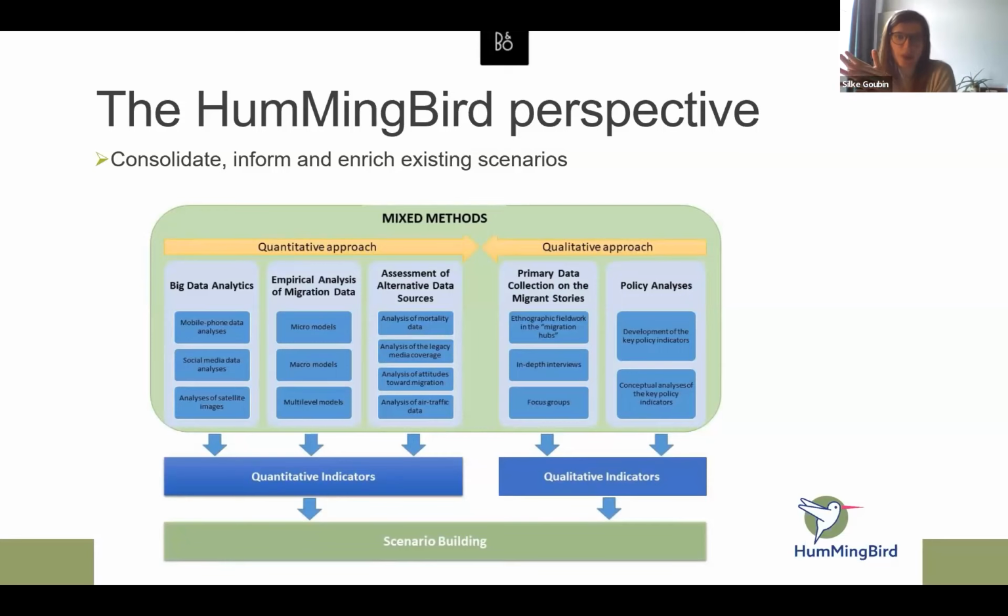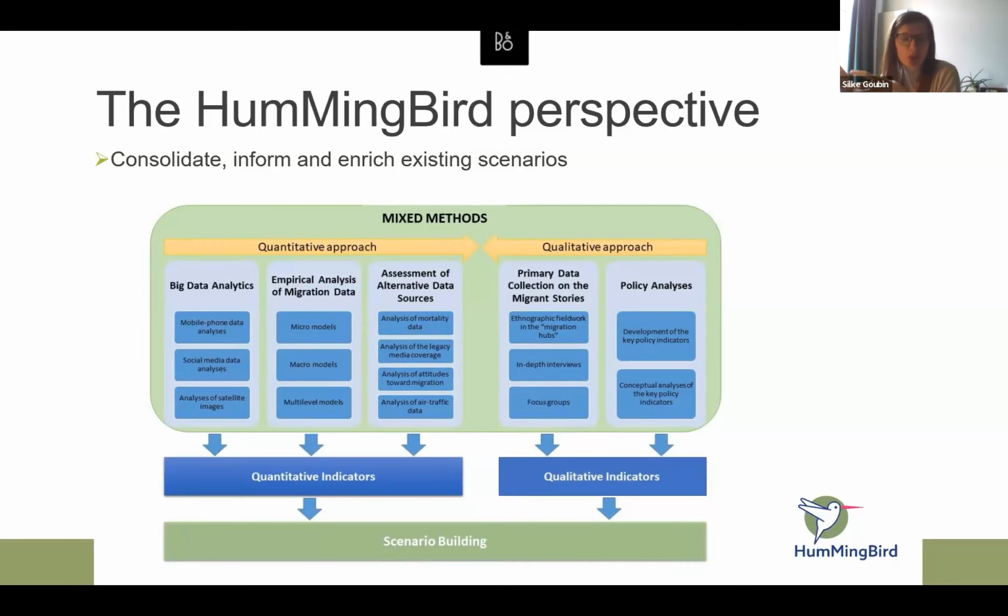And further, we want to develop quantitative and qualitative indicators and integrate those into scenario planning and into the actual scenarios to ensure that scenarios don't just remain stories, but become measurable stories that can be captured by actual indicators.